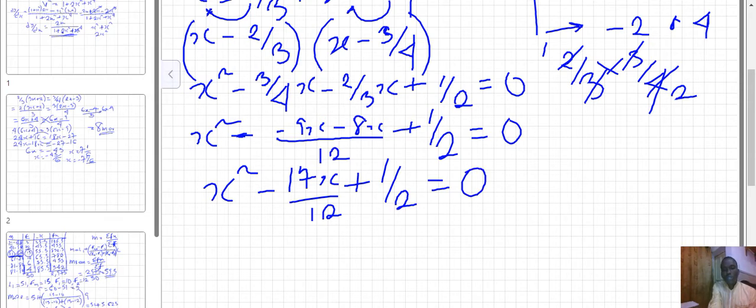Now for us to get rid of these fractions, all we need to do is multiply through by 12, which is the highest denominator.